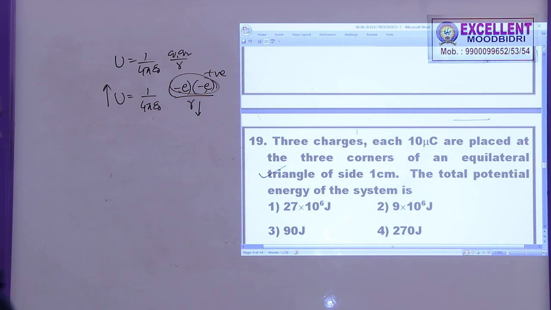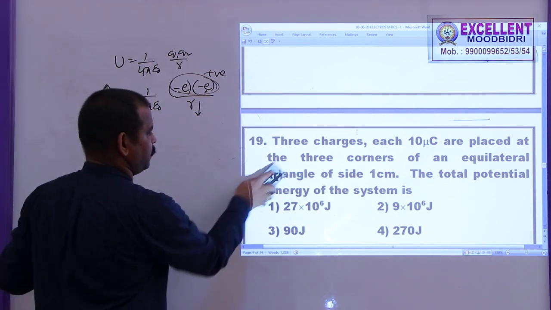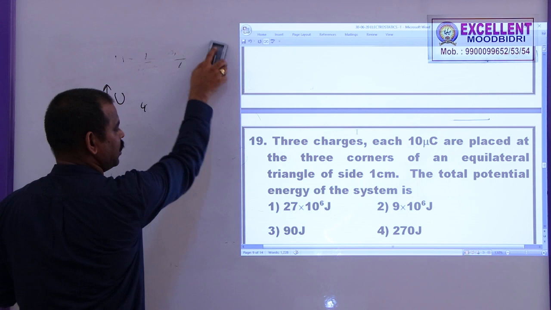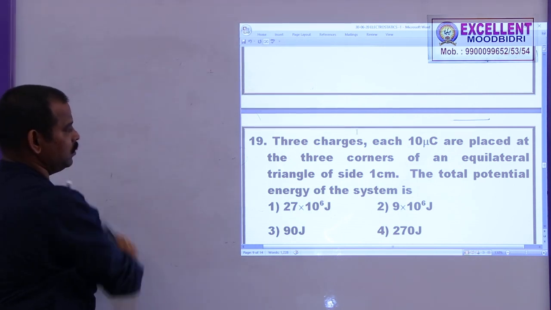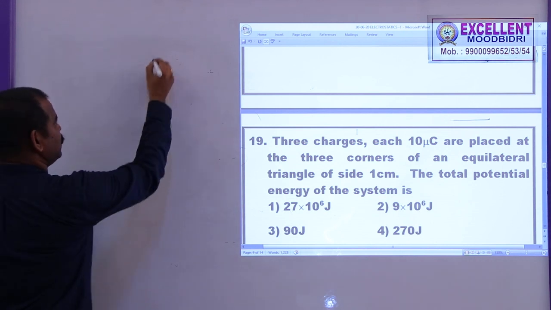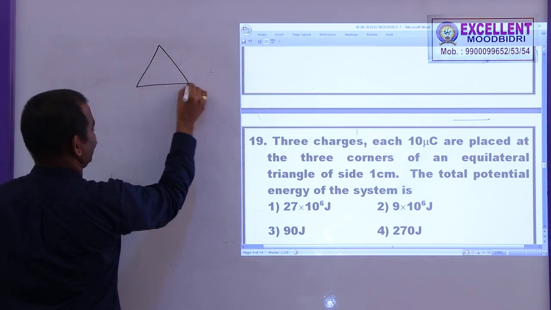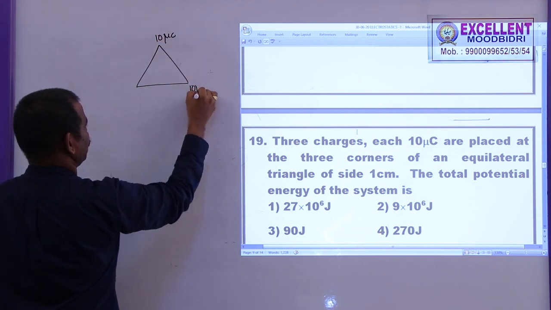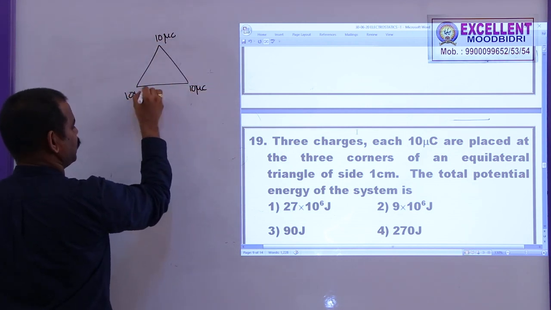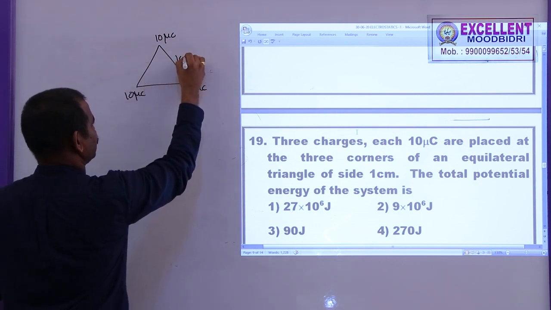So next problem: three charges, each of 10 microcoulomb, are placed at three corners of an equilateral triangle of side 1 centimeter. Find the potential energy of the system. Here they have given an equilateral triangle, and the charges are this 10 microcoulomb, this another 10 microcoulomb, this another 10 microcoulomb, and the side is 1 centimeter.